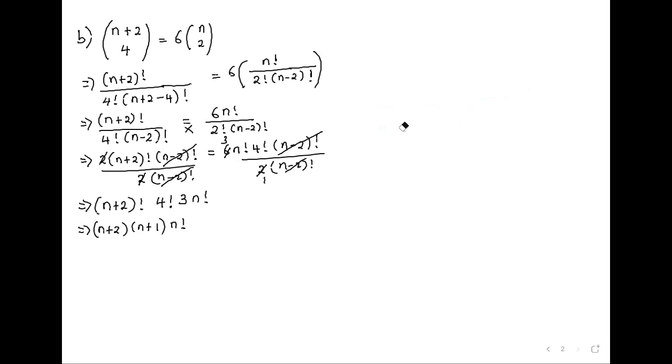So let's see what happens. This thing is equal to, oh, there's an equal sign here. It's equal to 4 factorial multiplied by 3 n factorial. So again, we can divide by n factorial on both sides. Then we'll have n plus 2, n plus 1 is equal to, what is 4 factorial?